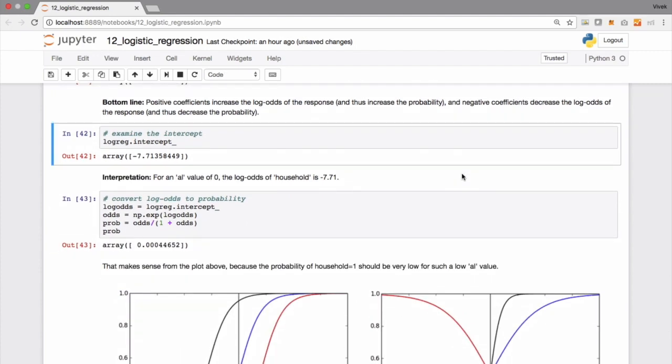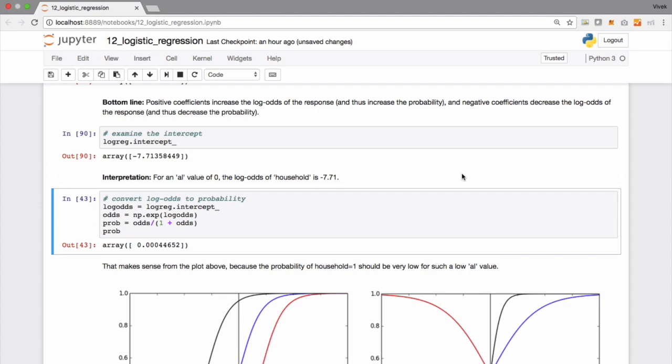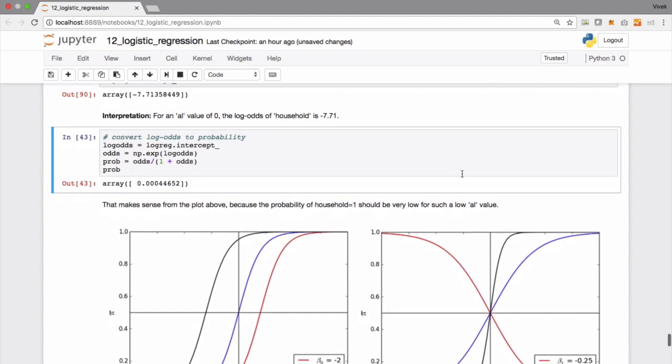So let's examine the intercept. The interpretation of the intercept is, for an AL value of 0, the log odds of household is minus 7.71. Converting log odds to probabilities: if I assume AL to be equal to 0, then I don't have to calculate with any coefficients whatsoever.